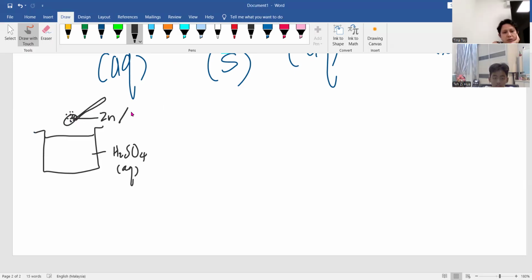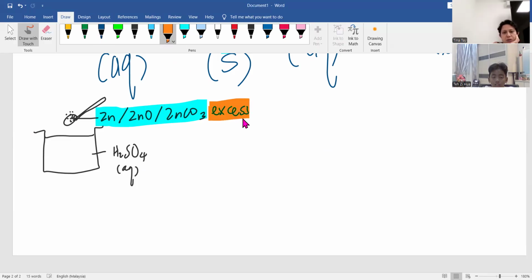So you add zinc or zinc oxide or zinc carbonate, whichever. Now, whichever of the three you add, the most important word is you must add it in excess. That's the most important. Why must you add it in excess? To completely neutralize the acid.